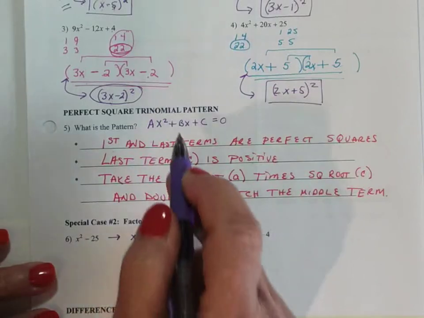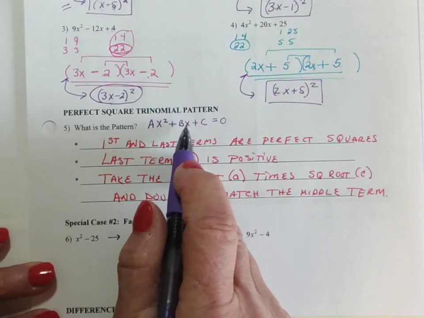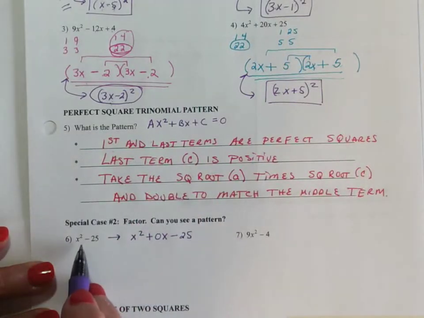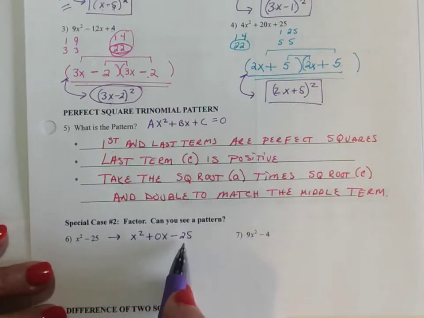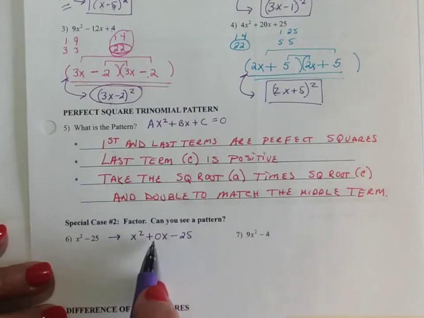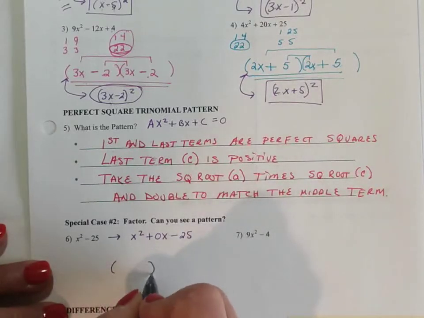Because we don't have a b term, we could put that here. So in factoring this, what 2 terms do we multiply to get negative 25 that sum to 0? So I set up my 2 sets of parentheses.